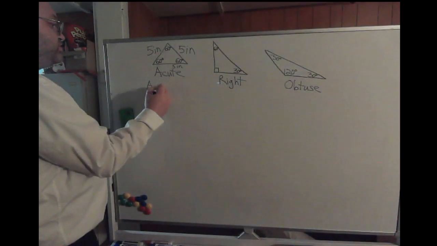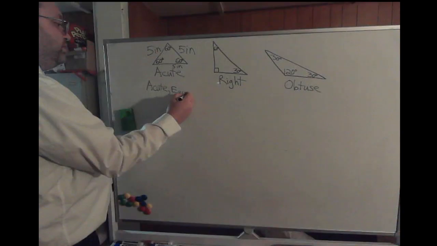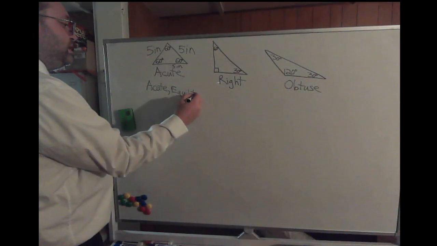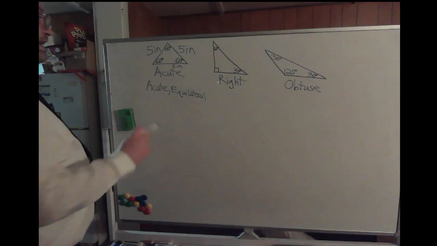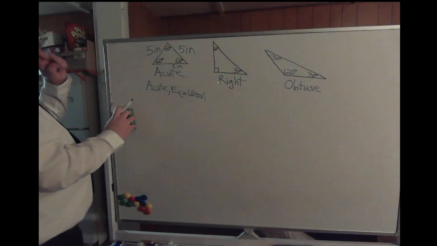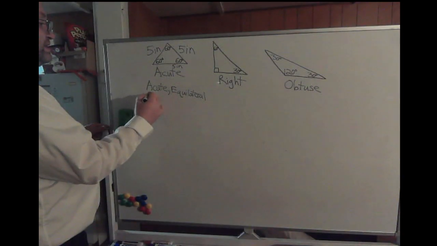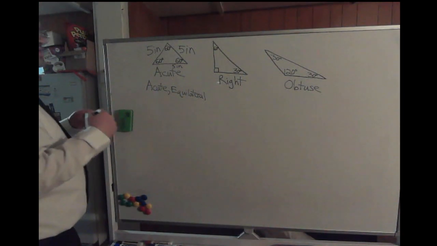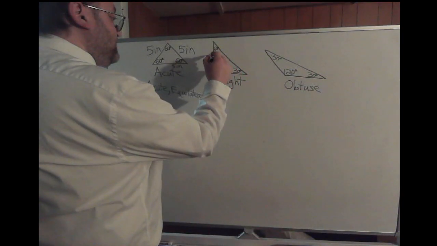So this particular triangle is acute and equilateral. You can have an acute and equilateral triangle. You can have acute and scalene and acute and isosceles also. That works.